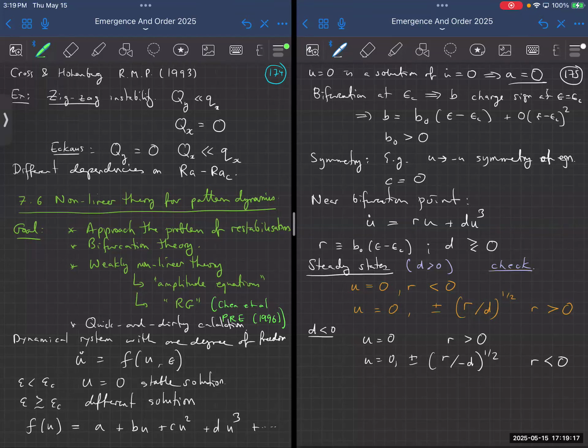If D is positive, it will go to infinity. So it means D is negative. It's wrong. I think I've drawn this the right way around.